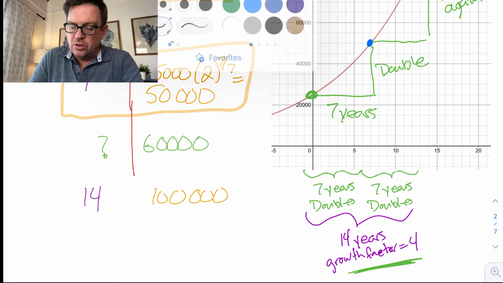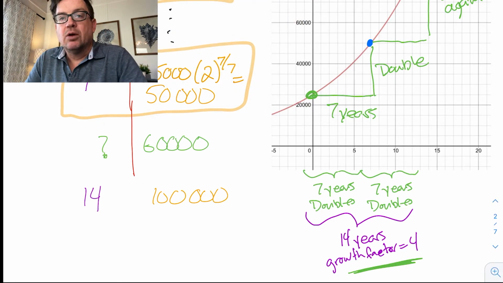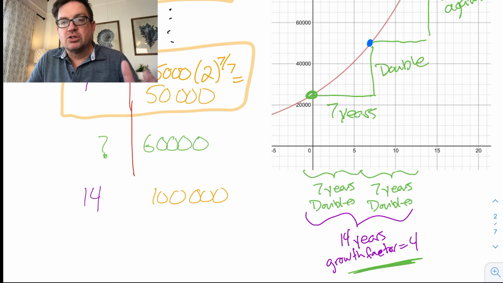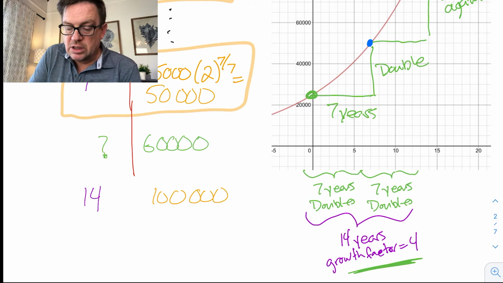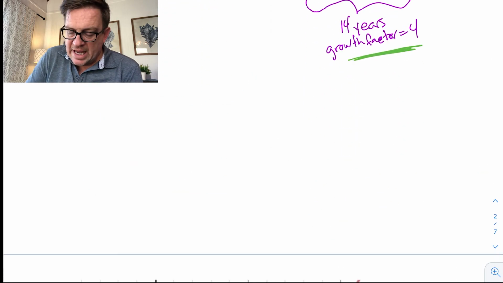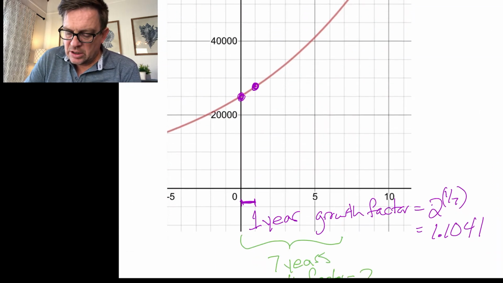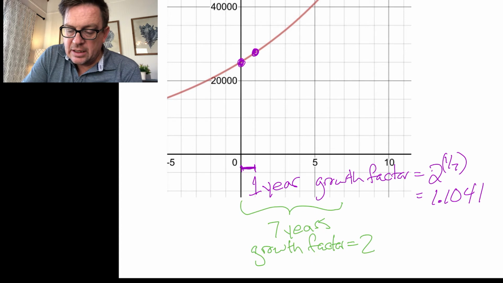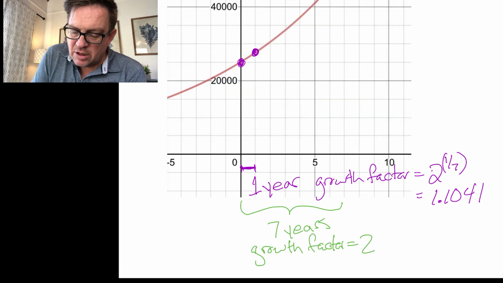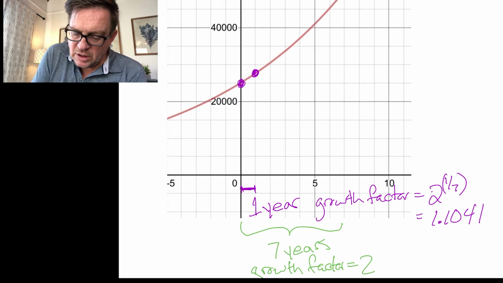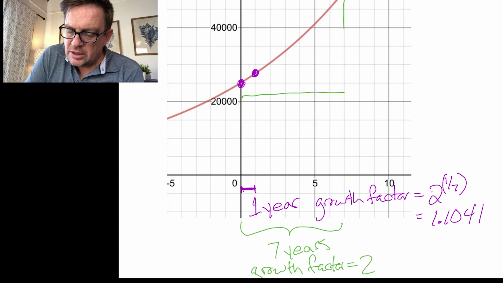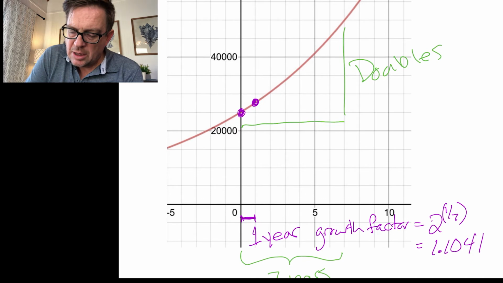And you can do this sort of thing with different growth periods. And so we're going to talk about that. How do you change to an annual growth period? That's what we just did. And so for an annual growth period, you look down here, you zoom in, and in the 7 years from here to here, it doubles up to 50,000.